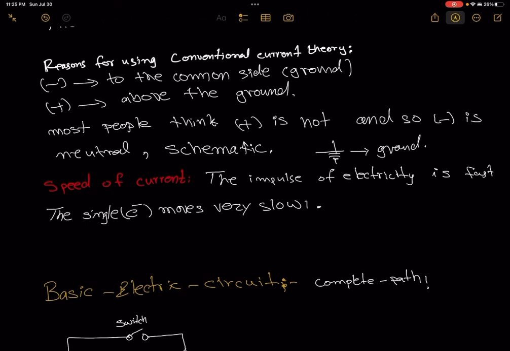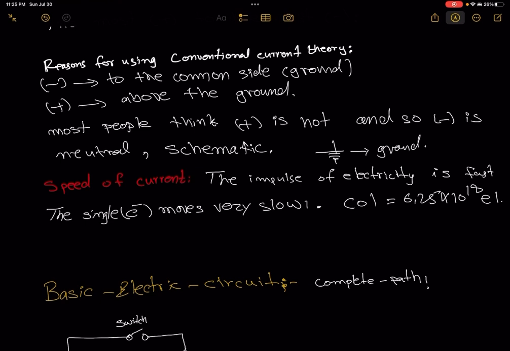Since we said the coulomb is 6.25 times 10 to the 18 electrons, let's say you have 15 coulombs moving through a wire.